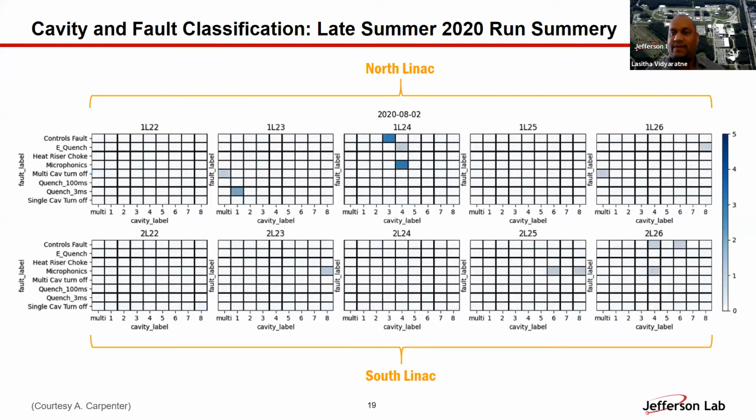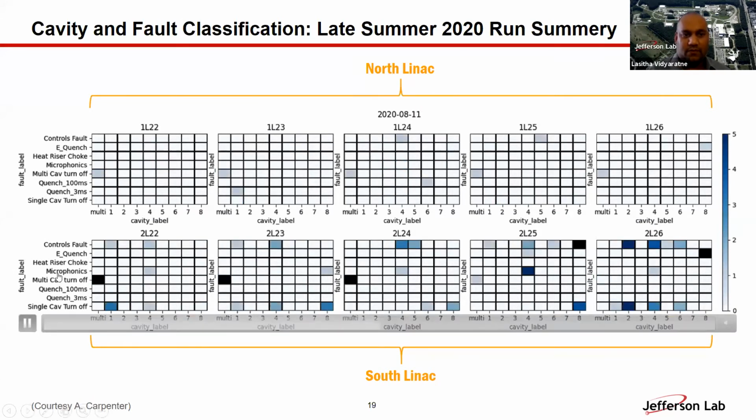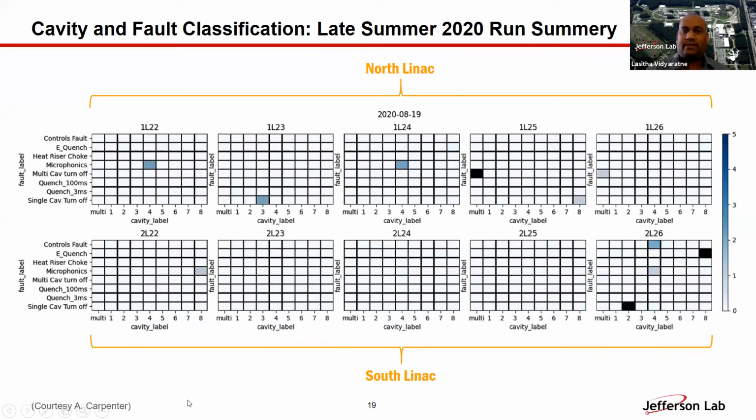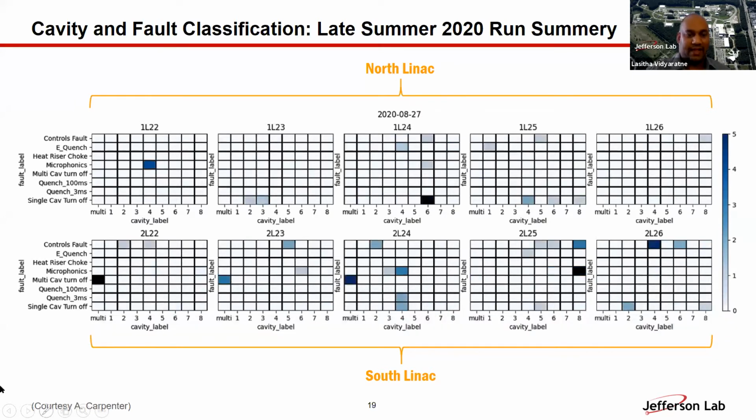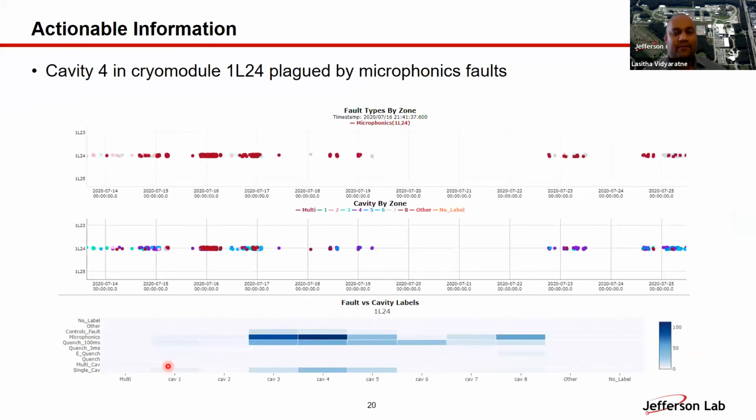For example, in this view, it identifies the fault and the cavity associated with that for each of the cryo modules, for North LINAC as well as South LINAC. So some actionable information that our models were able to provide within the latest run.